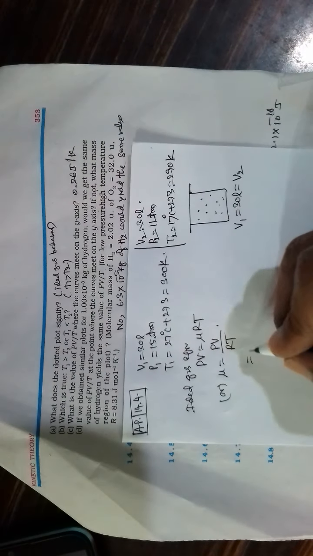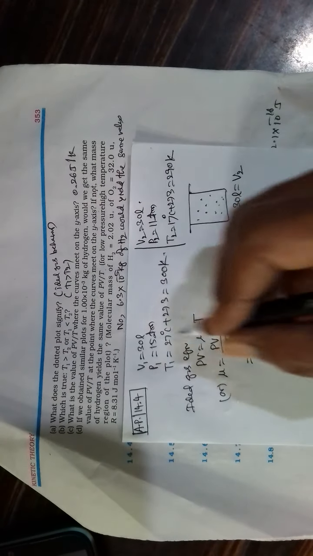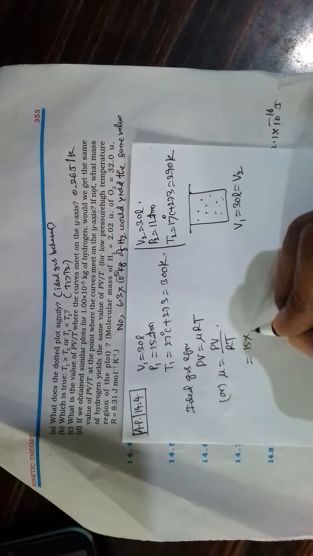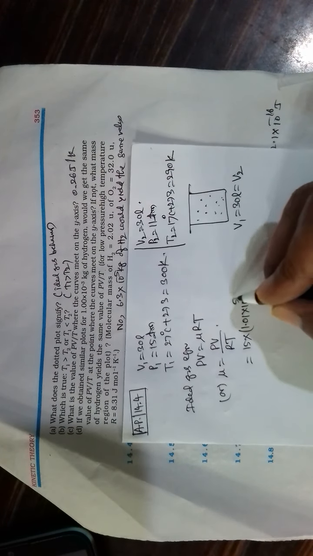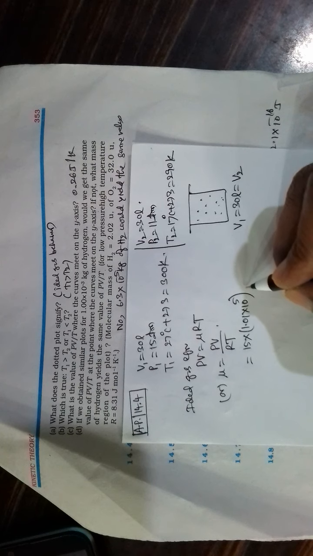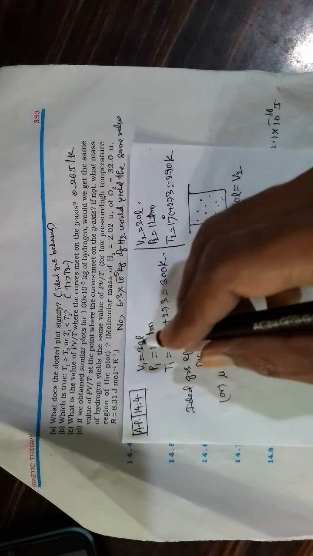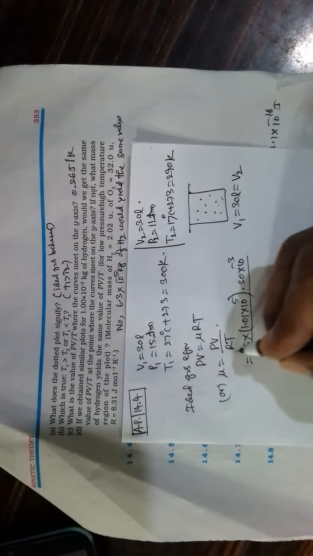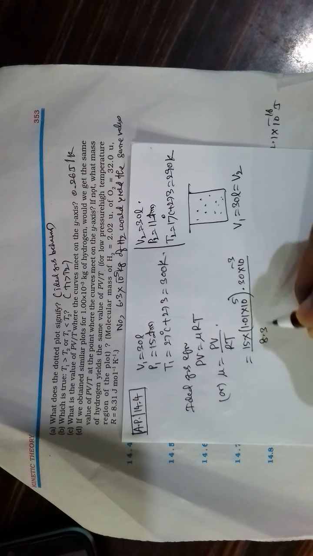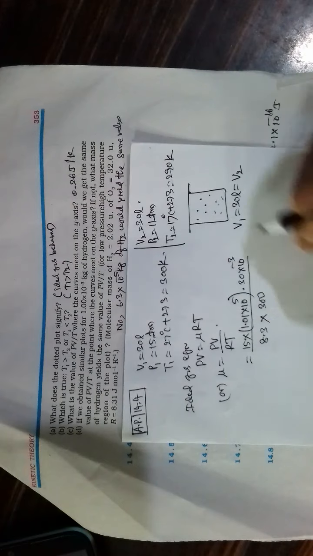P means 15 atmosphere. 1 atmosphere is 1.01 into 10 to the power of 5 pascals, into V value. 30 liters means 30 into 10 to the power of minus 3 meter cube, divided by R value 8.3, temperature 300.